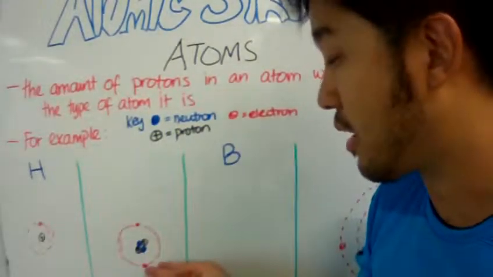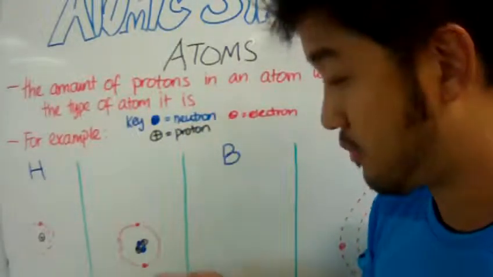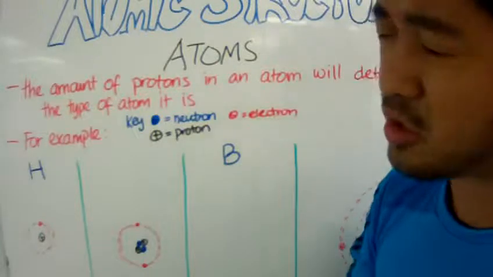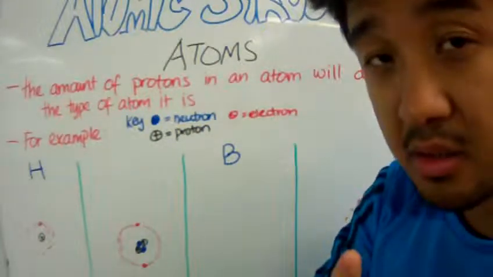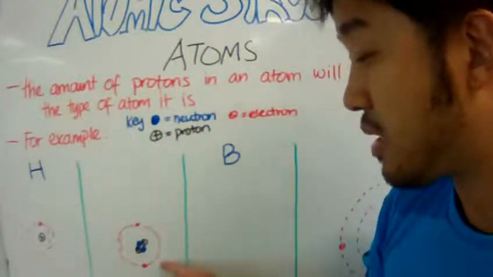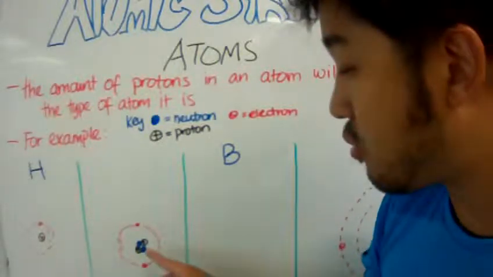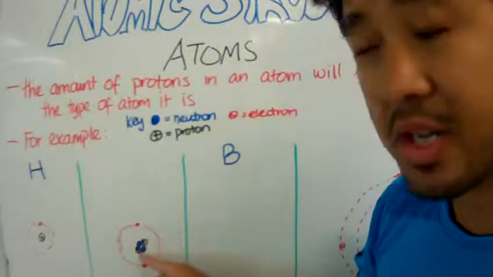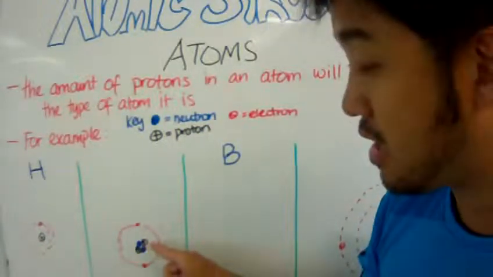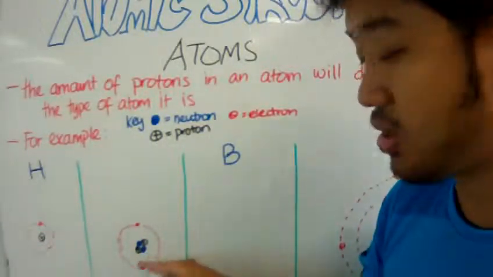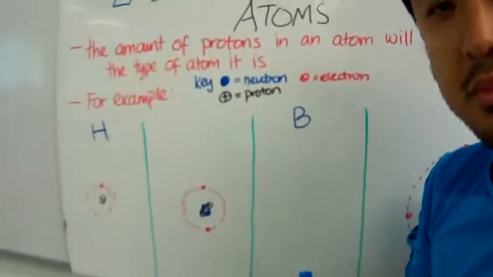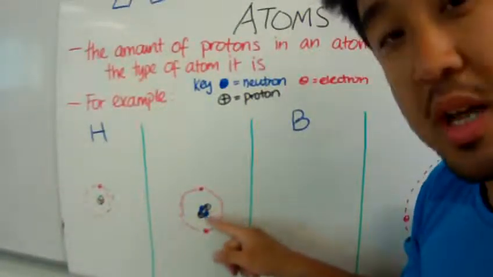Let's look at this thing. What could this element be? Well, in order to determine what atom it is, we need to count the number of protons it has. Here I have 1 and 2. I have 2 protons, 1 and 2.